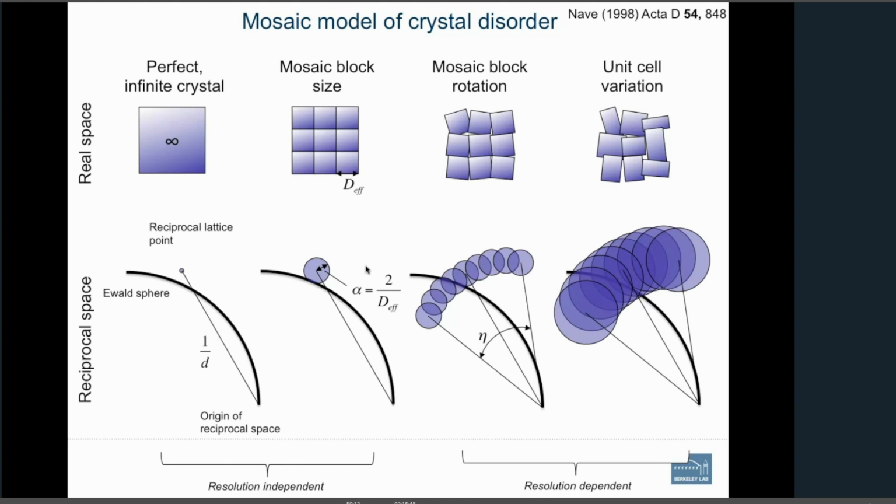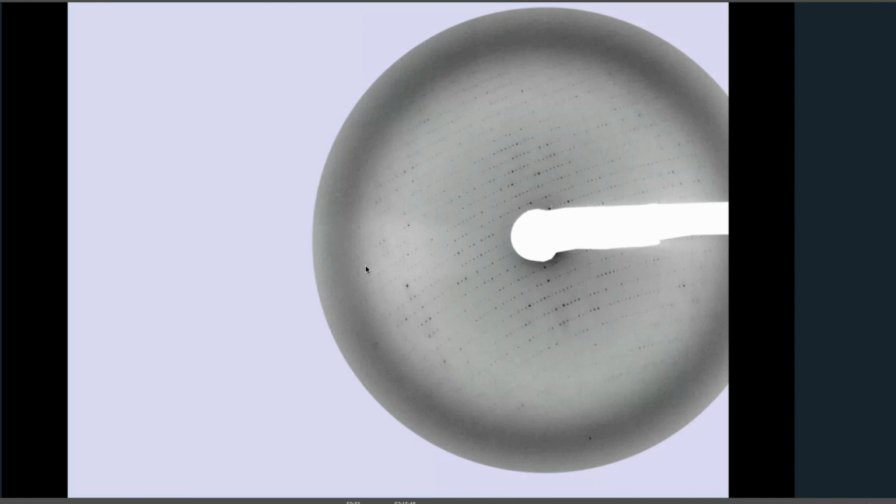And the mosaic blocks can also vary in their unit cell sizes, and that can increase the reciprocal lattice point size. So these different effects can be resolution dependent or resolution independent, and they all convolve together to determine whether a reflection will actually interact with Ewald sphere and diffract.